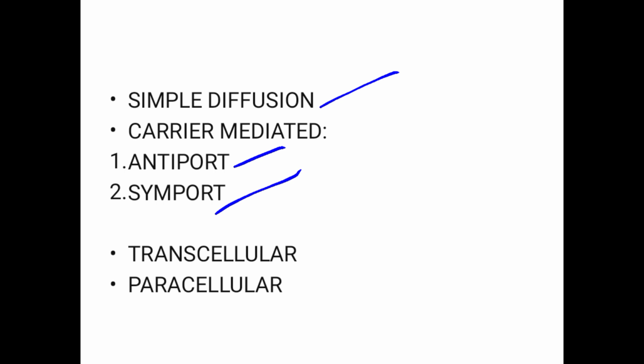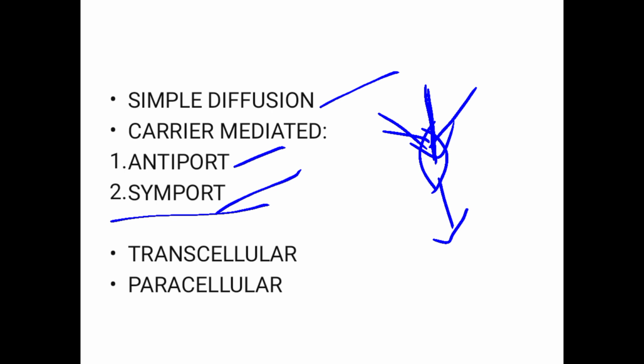Antiport means here some carrier is there, and one ion will bind and be transported to the other part. Symport means two different substances are attached to the same carrier and move in the same direction.